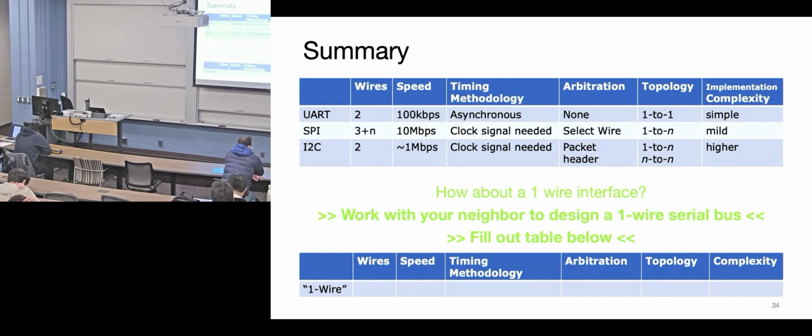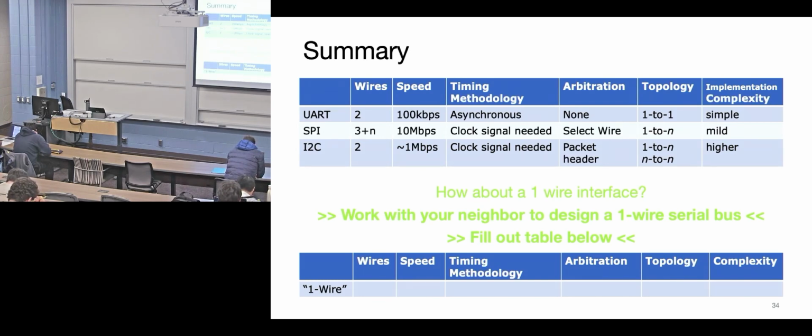The first one had an ABC, is that legal? It's definitely asynchronous. The speed is obviously going to be low. It's going to have to be asynchronous, we know that already. Arbitration?